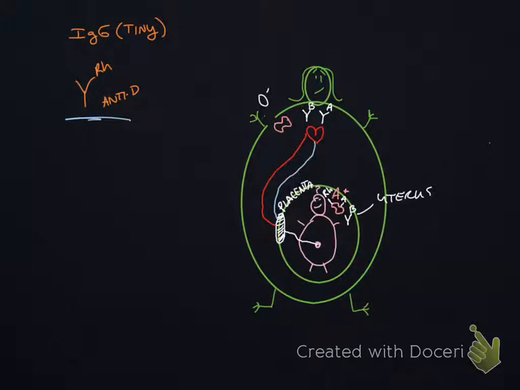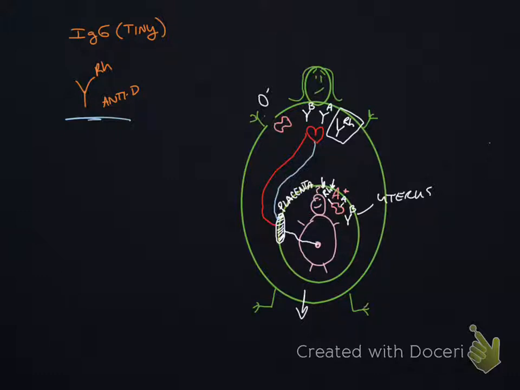So let's say that mom gives birth, there is some ripping of the placenta, and we do get some blood mixing. And mom is exposed to this Rh antigen. Now mom is going to make an Rh antibody. Baby's not in there right now, so it won't attack this.